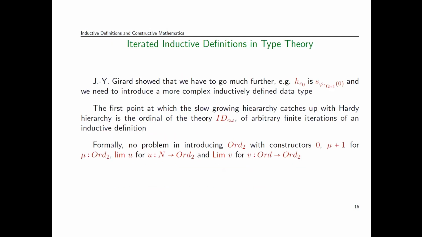Actually, Jean-Yves Girard showed that we have to go much further. If you look at H of epsilon 0, this is equal to a slow growing hierarchy, but you have to go much further, up to the Howard ordinal. The first place where they coincide is actually the ordinal of ID less than omega.